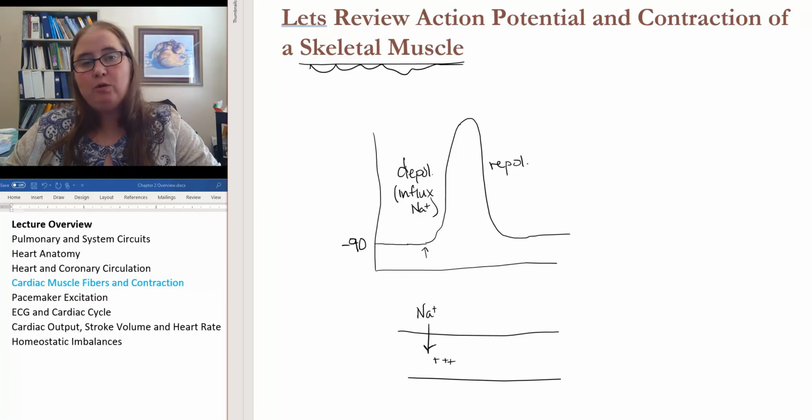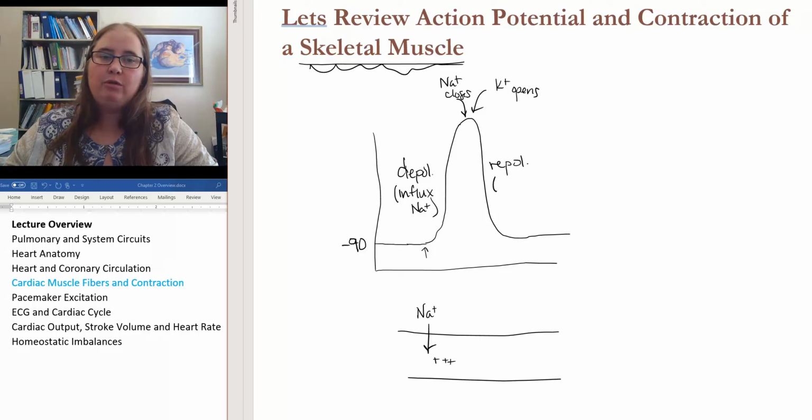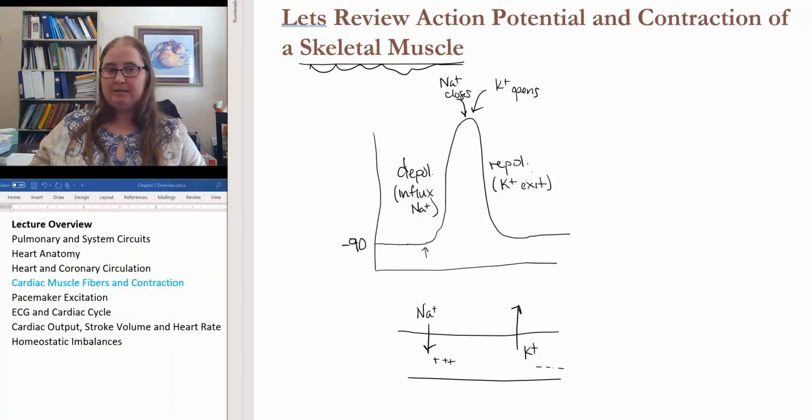Our repolarization, so at our peak, sodium closes. Hopefully this is coming back to you guys. Potassium opens, right? And our repolarization is due to a potassium exit, or efflux, from the cell.